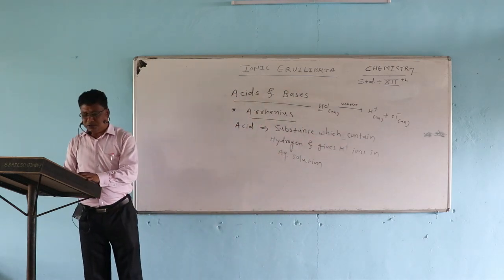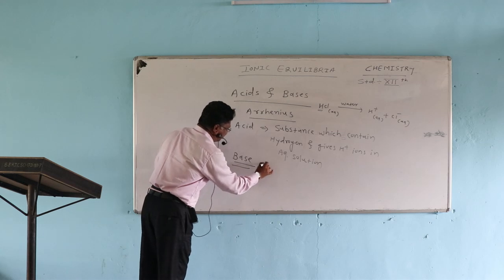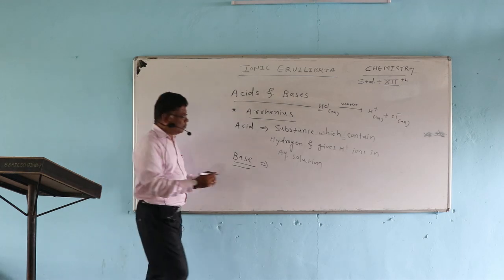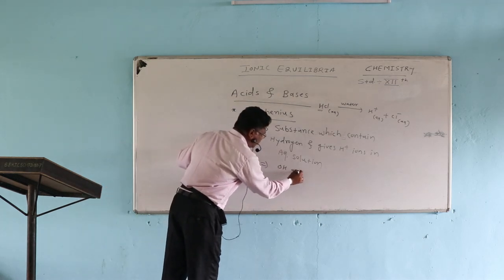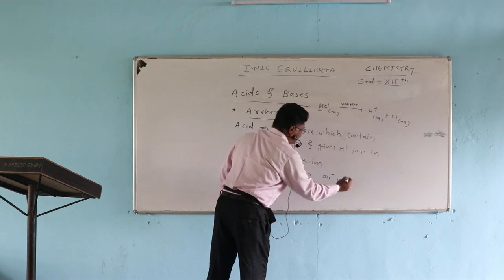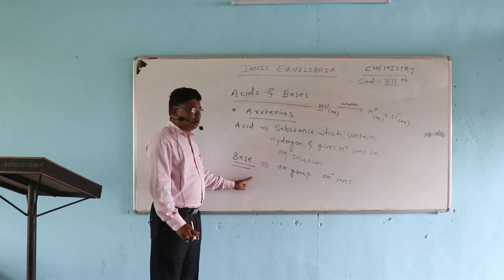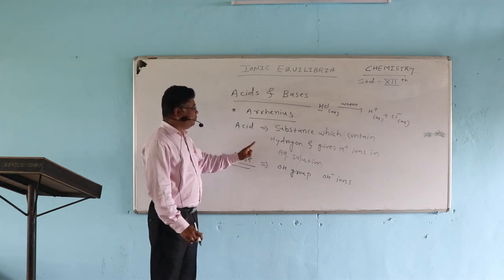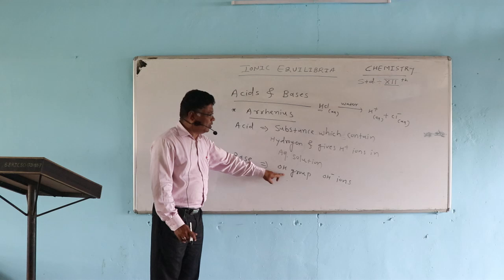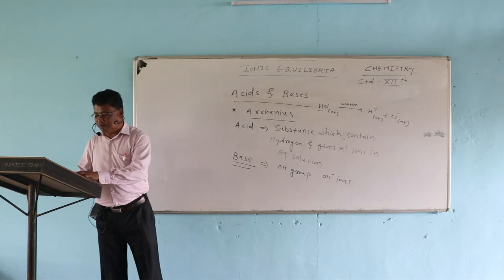Then what is called base? What is called base by scientist Arrhenius? Substance which contains OH group and gives OH minus ions in aqueous solution, that is called as base.